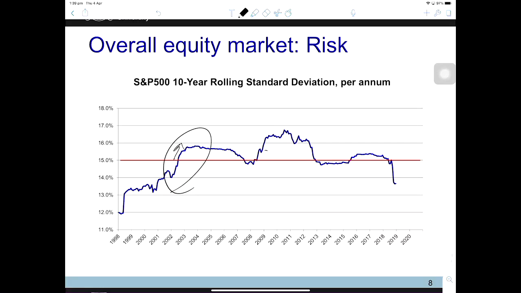Another spike, not surprisingly, is the global financial crisis. And how do we explain this? Why in recent months has the 10-year rolling standard deviation dropped from 15% to below 14%?